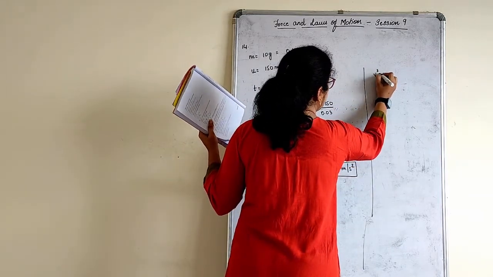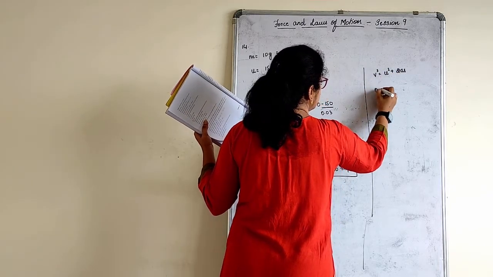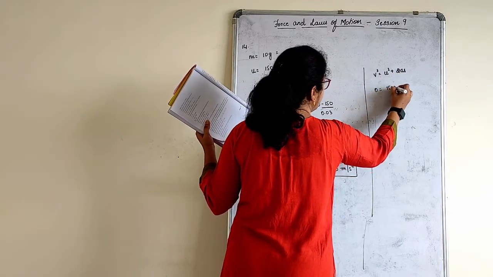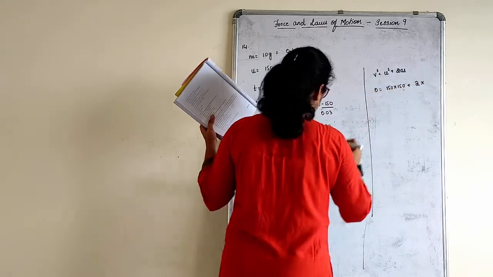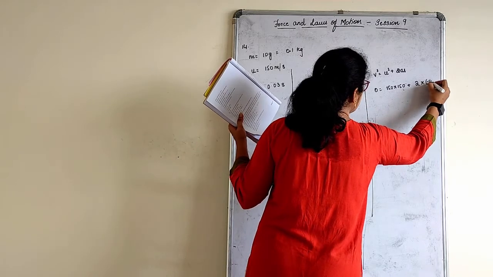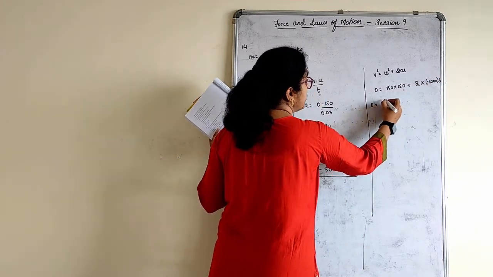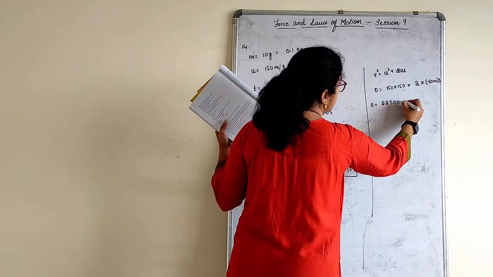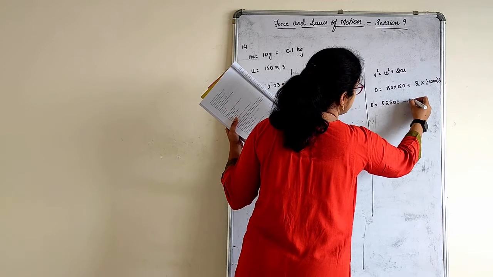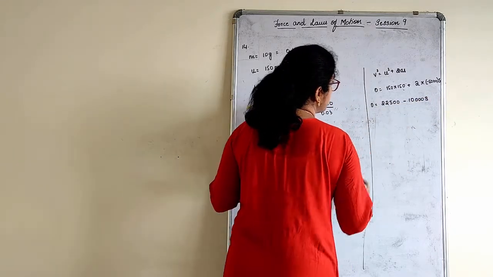So v square is equal to u square plus 2as. 0 is equal to 150 into 150 plus 2 into a s, minus 5000 s. 0 is equal to 22500 minus 2 into 5000, that is 10,000 s.